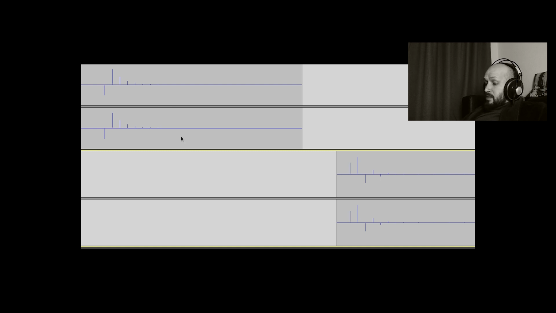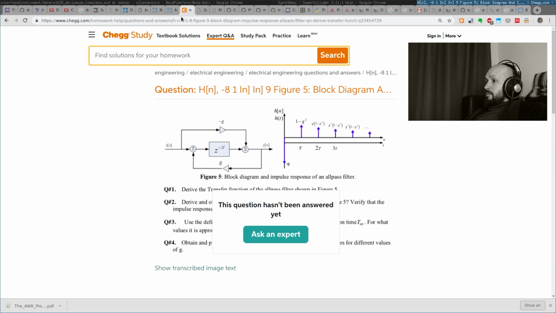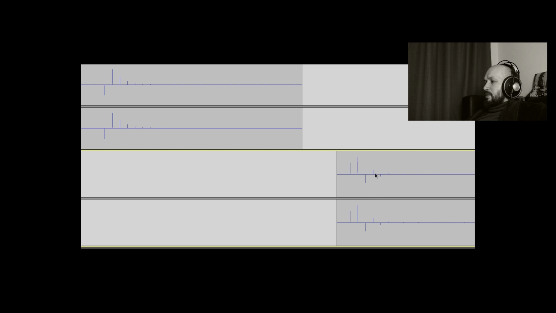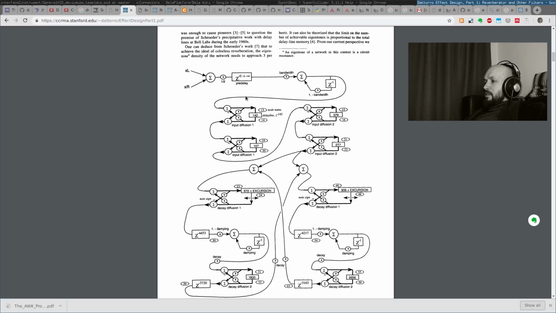But the filters depicted in this block diagram will have this type of impulse response. You see, the polarity is alternated after 2 taps. Because we get the direct sound multiplied by input diffusion, then comes the feedback multiplied twice, with the polarity switch, and the feed forward signal.